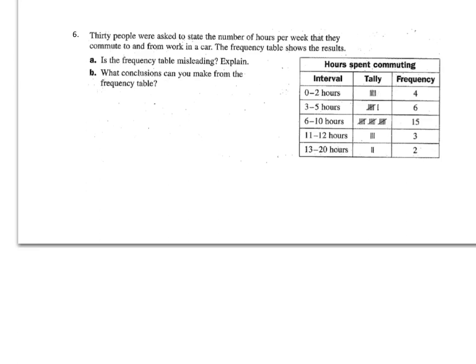If you're doing a frequency table, shouldn't all of them be the same group? So how many hours does this cover? 0 hours, 1 hour, 2 hours. So that would cover 3 hours. 3 hours, 4 hours, 5 hours. We're good there. 3. 6, 7, 8, 9, 10, 4. 11 to 12 is just 2. And then 13 to 20, which would be crazy if you had to go 20 hours to commute to work. Oh, per week. Okay, per week.